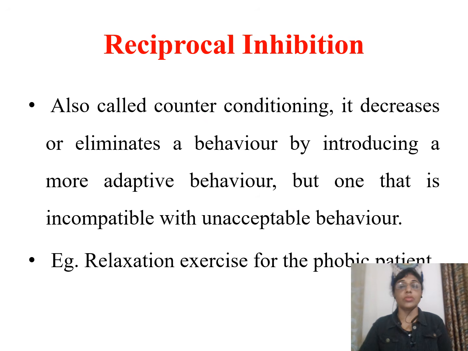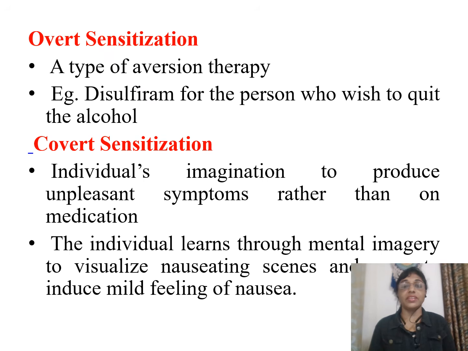Reciprocal inhibition, also called counter conditioning, decreases or eliminates a behavior by introducing a more adaptive behavior that is incompatible with the unacceptable behavior. For example, relaxation exercise is given for a patient with a phobic disorder. Overt sensitization is the same as aversion therapy. For example, an outside negative stimulus is introduced with the maladaptive behavior.